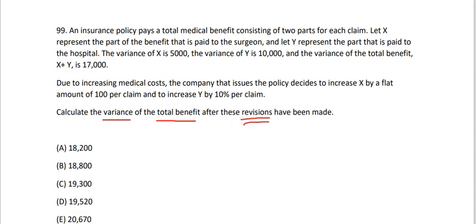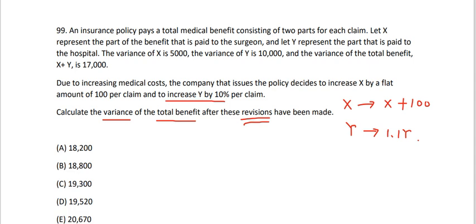So the change is X becomes X plus 100. So X changing to X plus 100. So for Y, increase Y by 10%. So Y becomes 1 plus 10%, so 1.1Y.